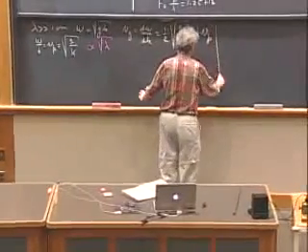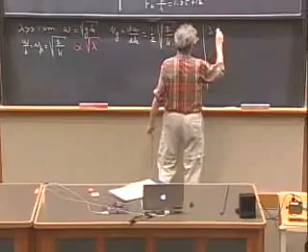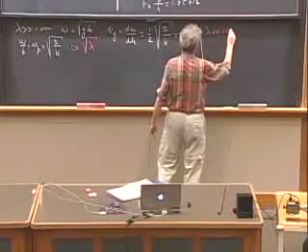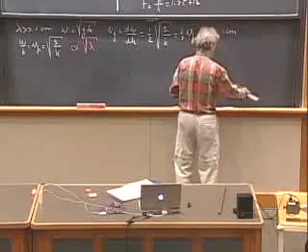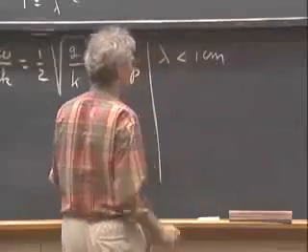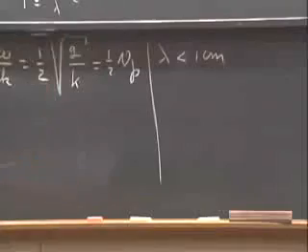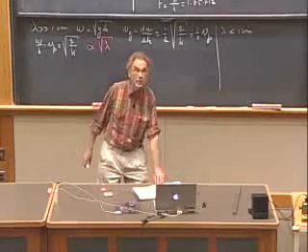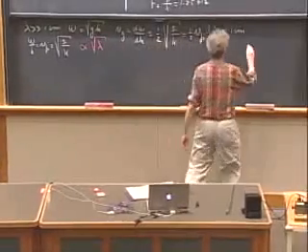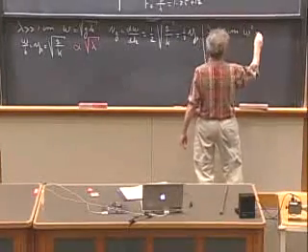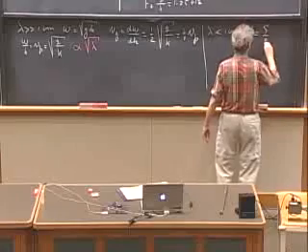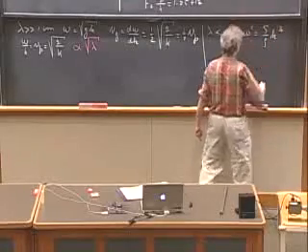So let's now take the situation that lambda is, say, much smaller than 1 centimeter. It doesn't even have to be all that much smaller, but just smaller than 1 centimeter. Then it's the second term that completely dominates. So now you get that omega squared, to a very good approximation, is S divided by rho times k to the third.